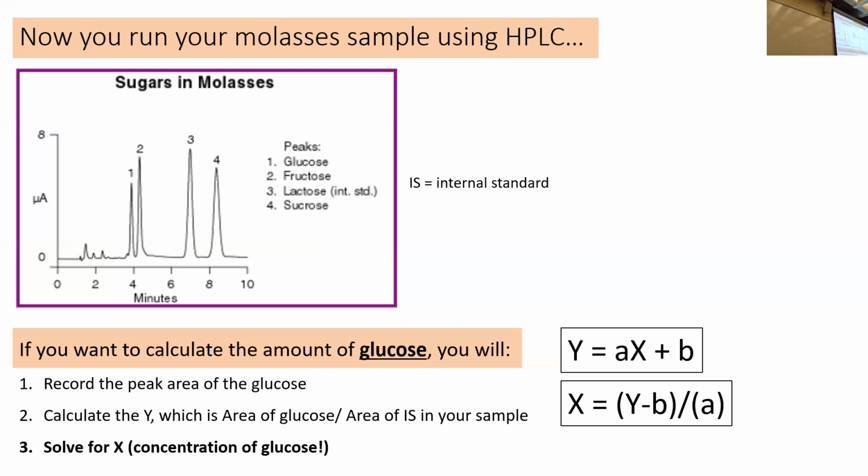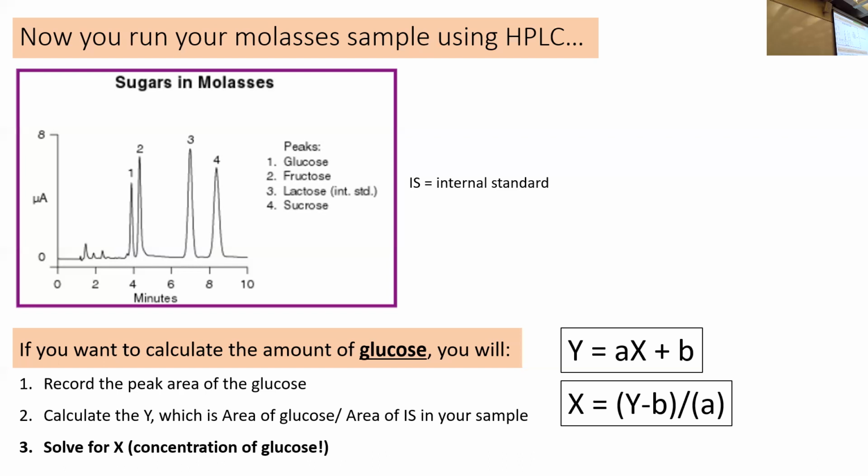Every compound has a different set of ions that can be formed. The ions formed from this compound and this compound can impact the current differently. So even at the same concentration, their impact on the current is different. If you don't run a standard curve, you're not accounting for the response factor of the detector.